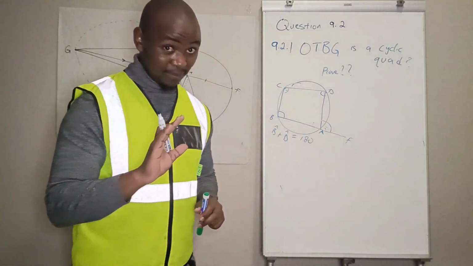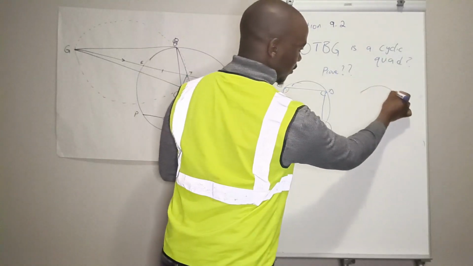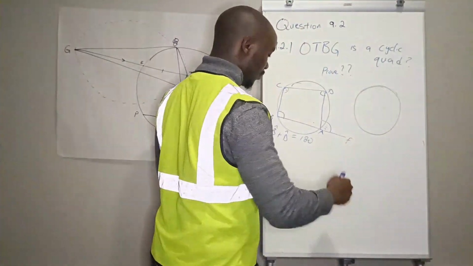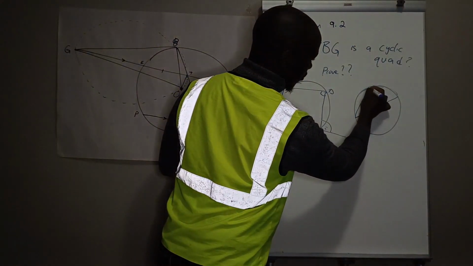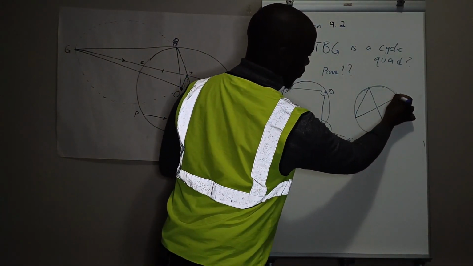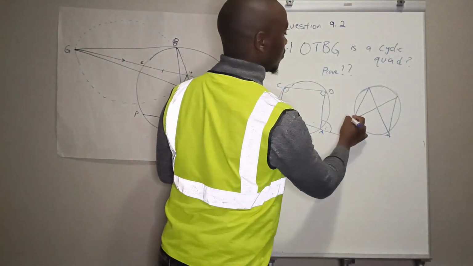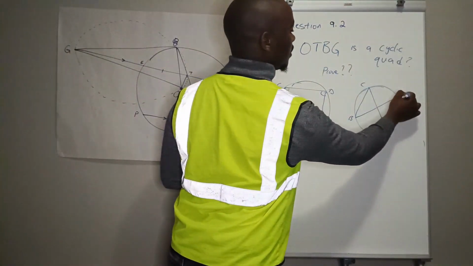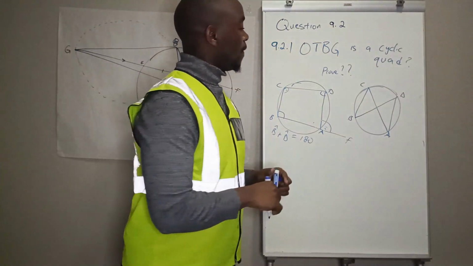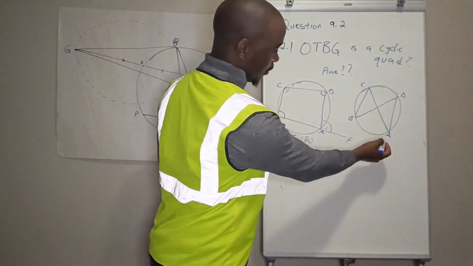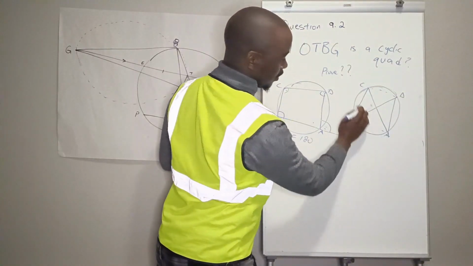But the last one, which I find very interesting, is that if you are to draw a cyclic quad, and then you have A, B, C, D. What you must also understand for a cyclic quad will be something like this, 4 sides.